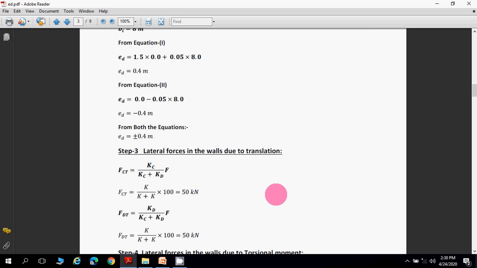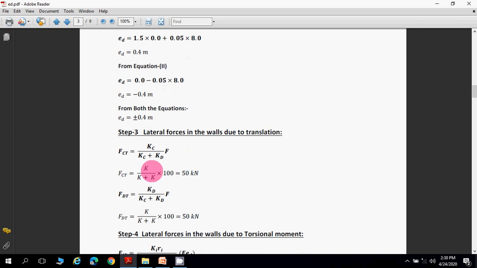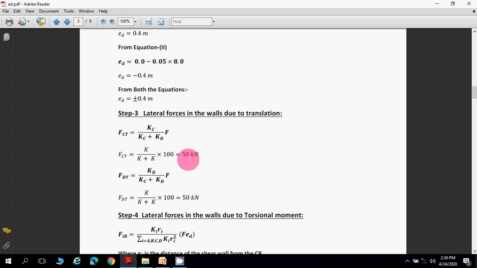This total shear force is distributed according to the relative stiffness of the walls, given by Kc divided by Kc plus Kd. Kc and Kd are the same, so putting K divided by K plus K into 100, where 100 is the total shear force applied in the x direction, we get 50 kN in wall C and 50 kN in wall D.